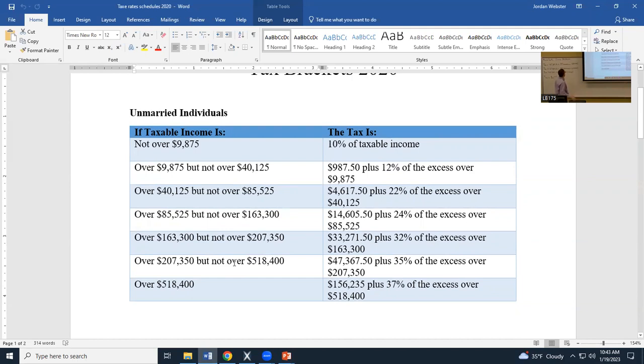So the single category, making $1 million, gets you a tax of $156,235 plus 37% of the excess over $518,400. Is that right? I gotta write that down because I'll forget it if I don't. So I'm writing that down on the board.